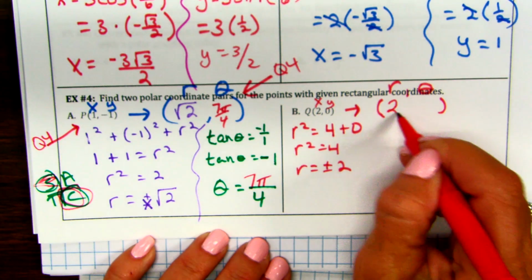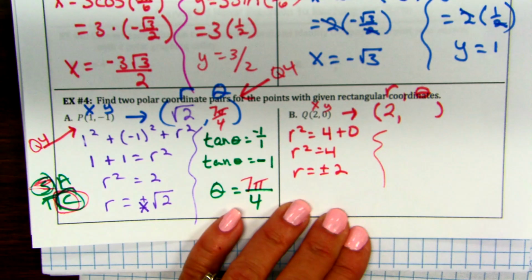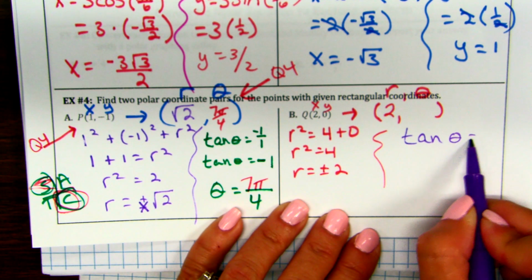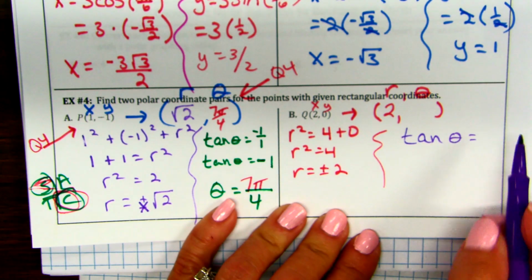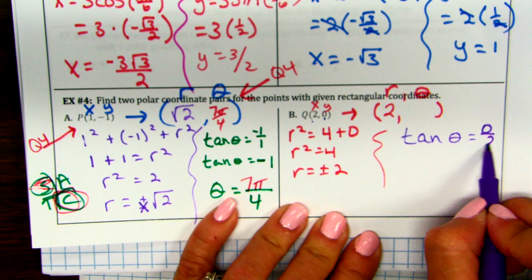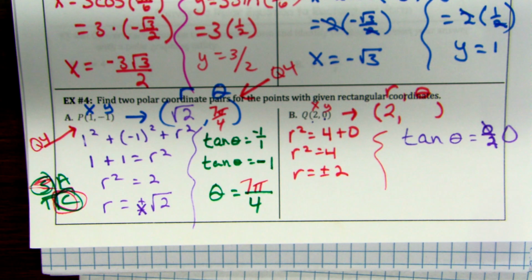Again, r is always positive. The other formula, tan of theta, is y over x. 0 over 2 is just 0. So now I have to remember where on the unit circle is tan 0.